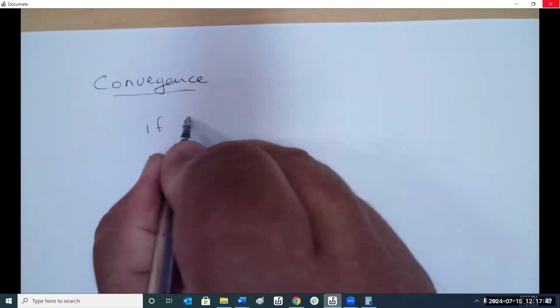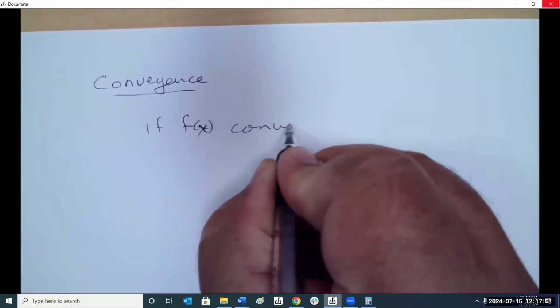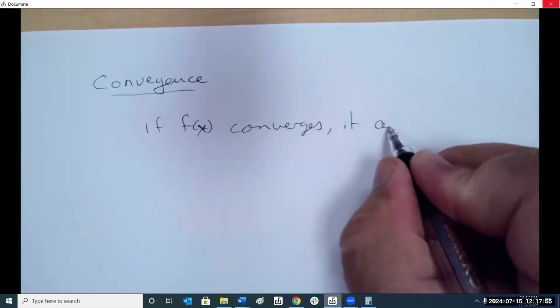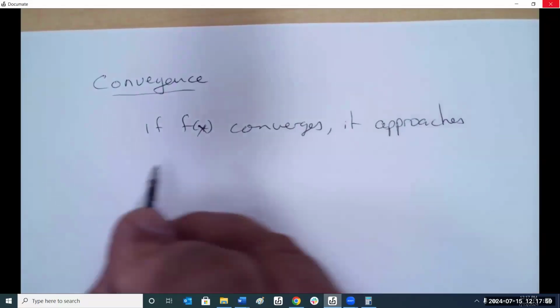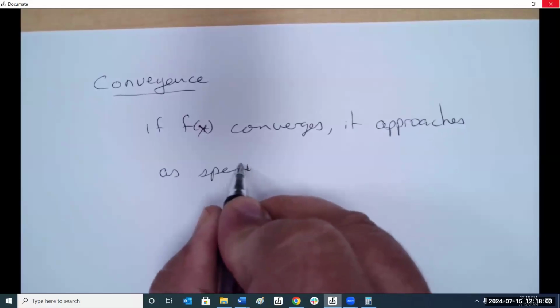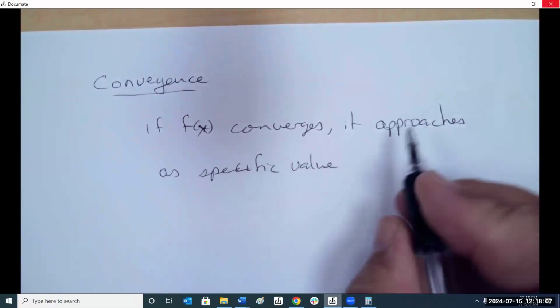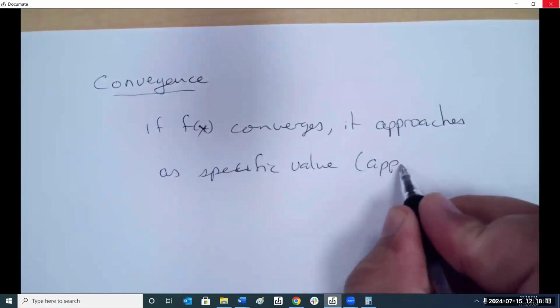If a function converges, it approaches a specific value, and that's our approximation.